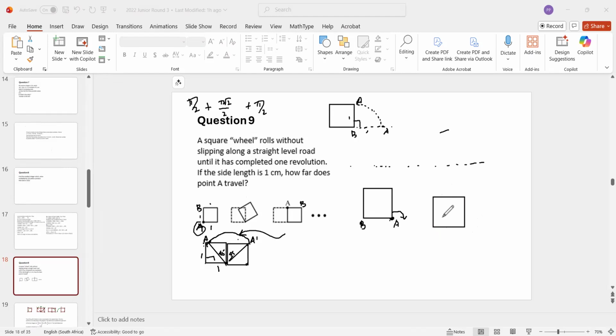So then you have the situation here, A and B. Because you turn this thing around, B goes to the top there, and this one here comes there and so on.